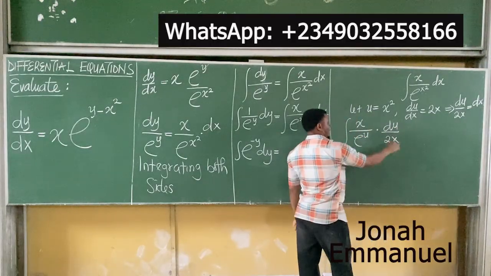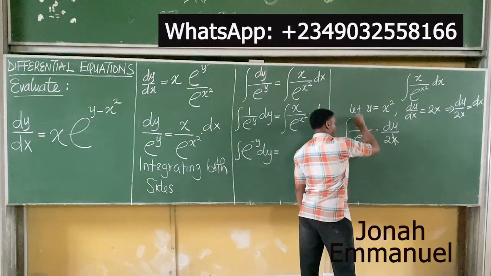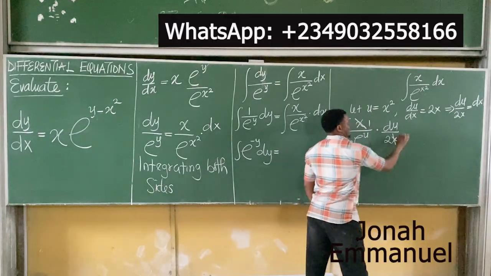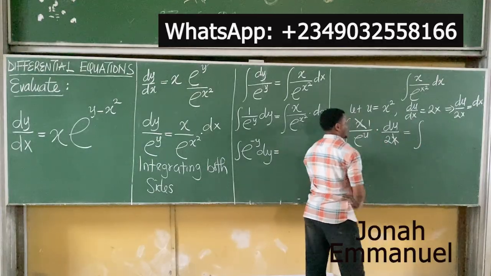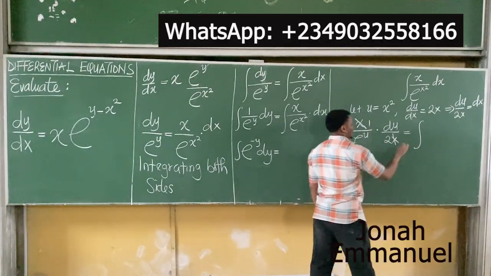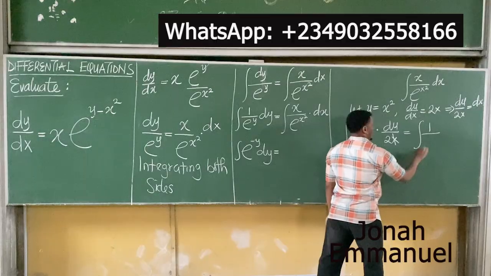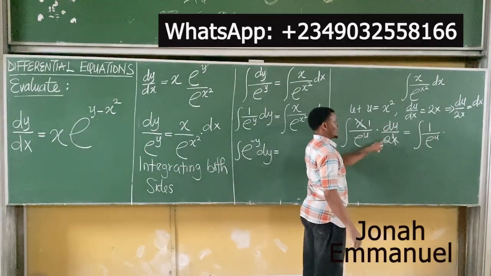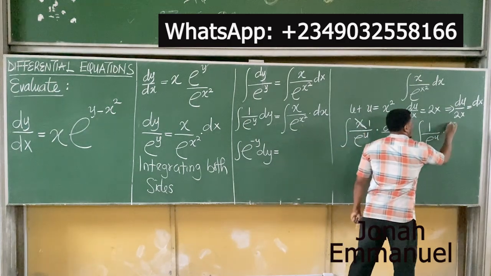What's your observation here? This will cancel this. This will now be equal to what? The integral of 1 all over exponential u times 1 over 2.